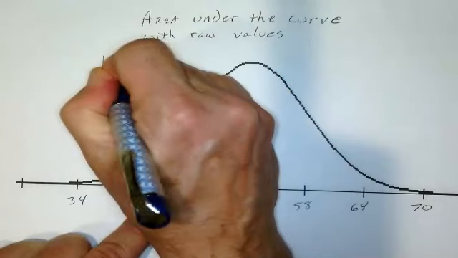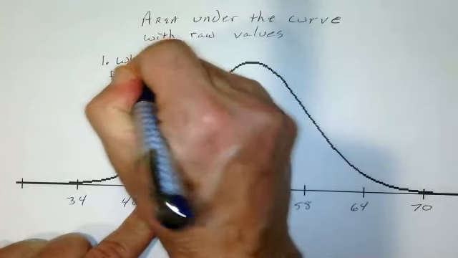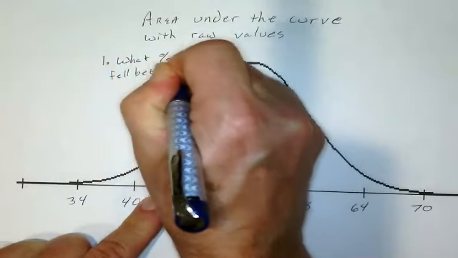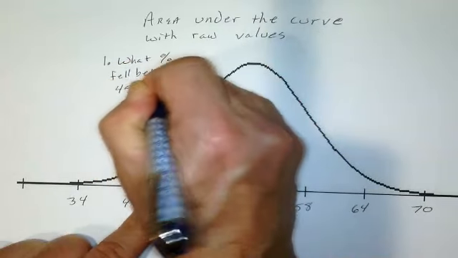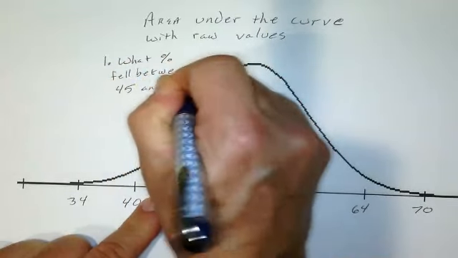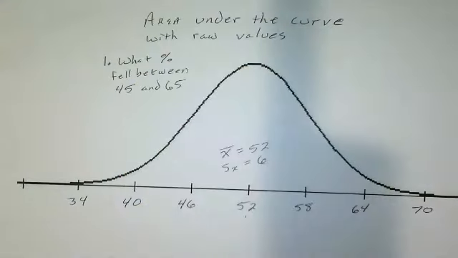What percent fell between 45 raw scores and 65? Okay, now if you want to stop the video and see if you can determine that yourself, feel free. I'll pause just a moment.